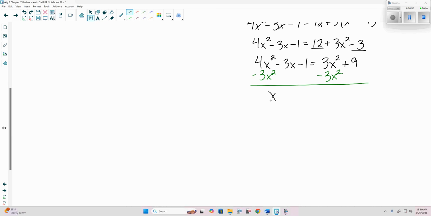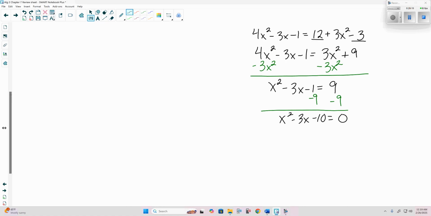Here, unfortunately, they don't, because 4x squared minus 3x squared is just going to be 1x squared. Then we'll subtract 9, telling us that x squared minus 3x minus 10 is equal to 0.